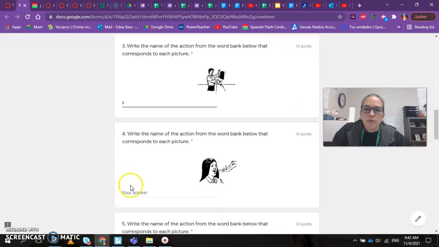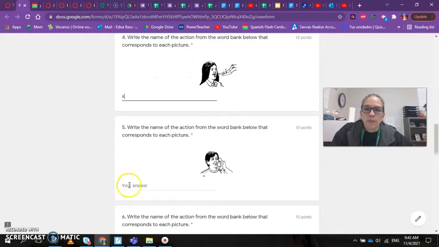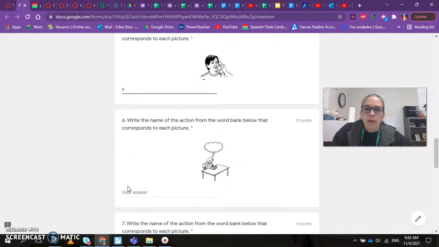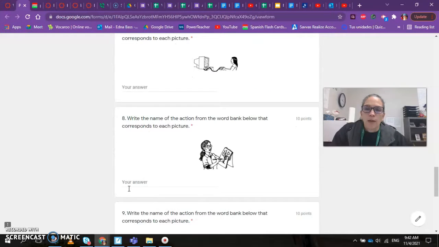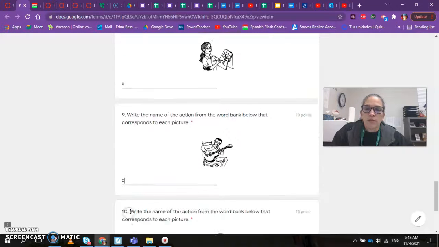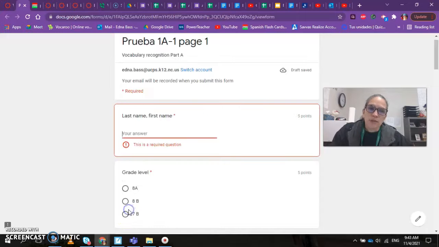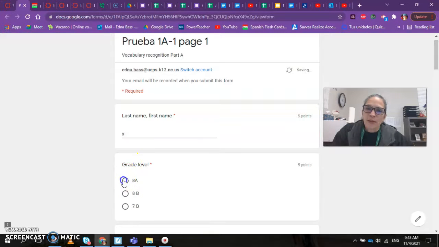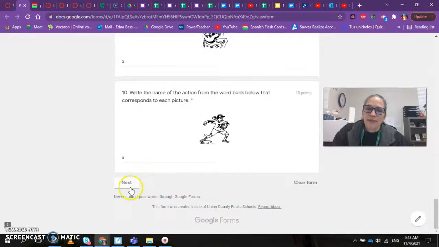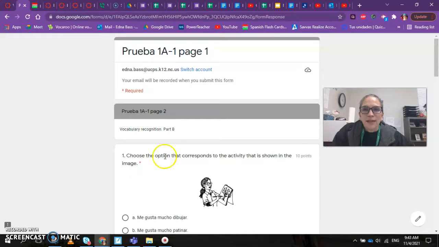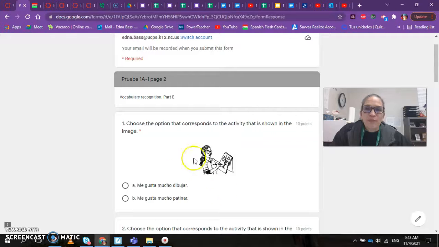And then you can move to the second part. So it's taking me a little while because it's 10 questions. Okay. Once you have this, you move to the second part. Okay. In the second part, you see a picture, and you're going to choose the option that corresponds to the activity that is shown in the image.